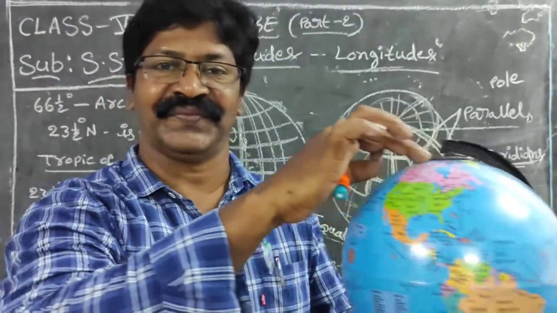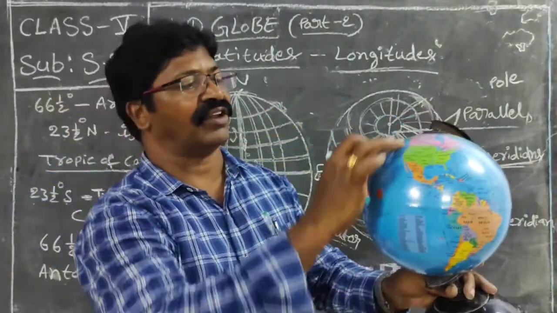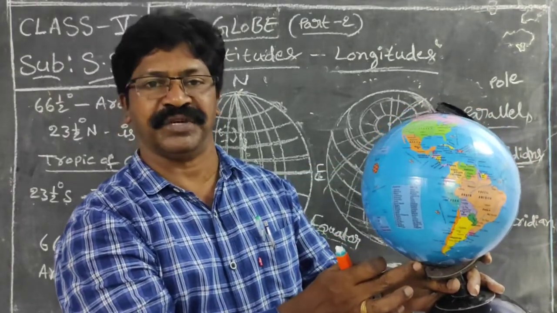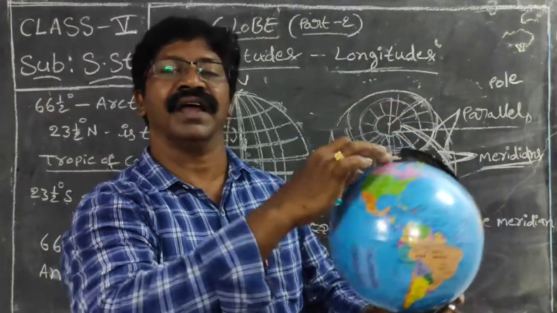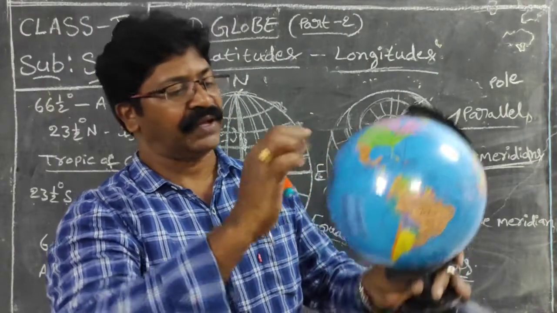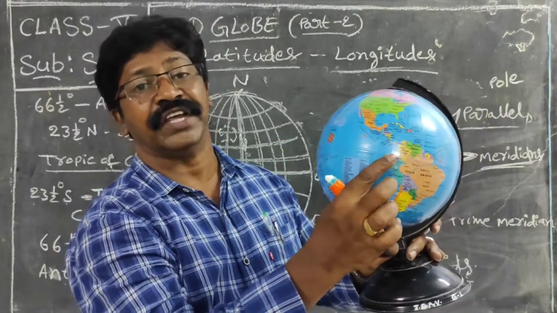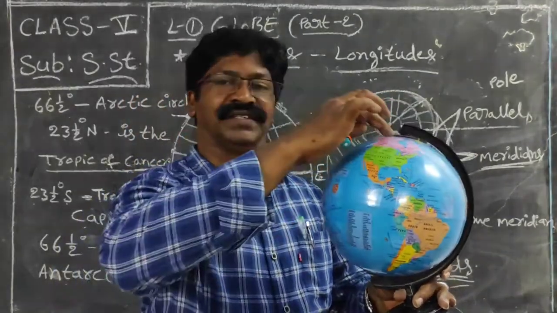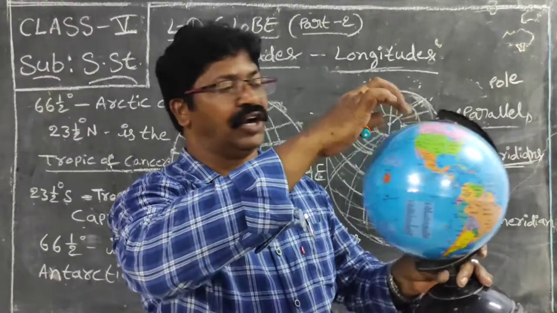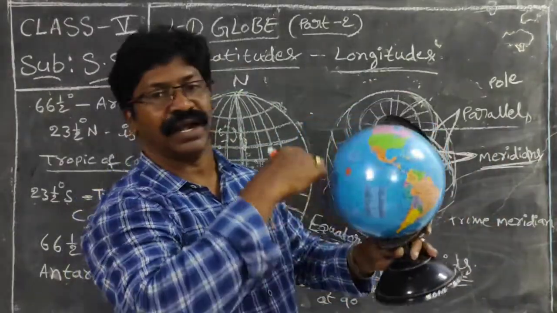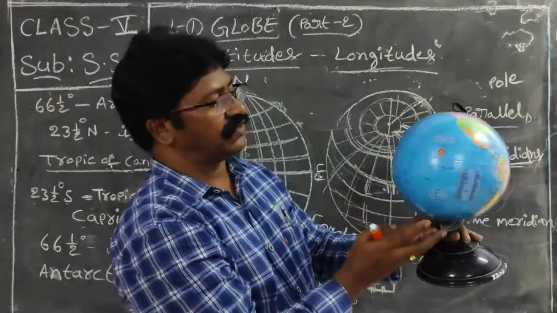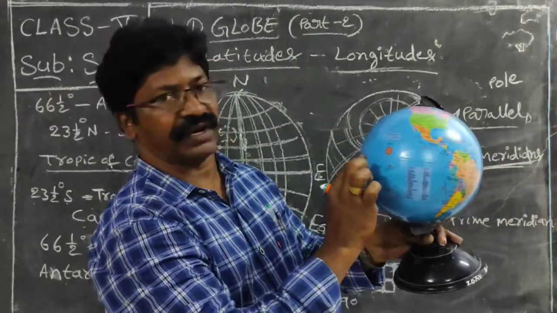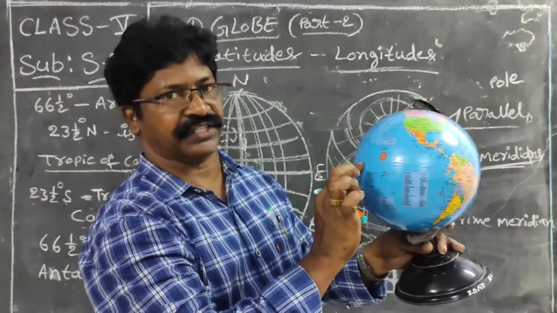If the total circle is 360 degrees, then one side is 180 degrees. The equator is located at 0 degrees.